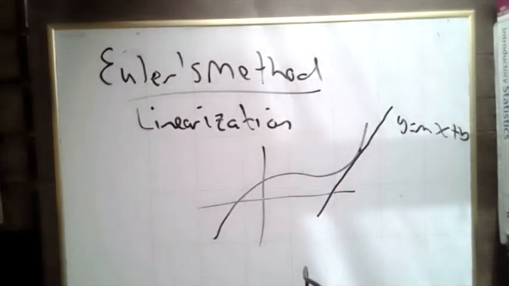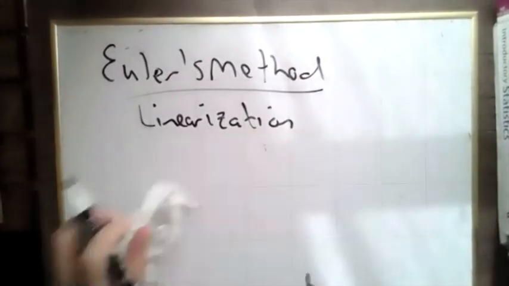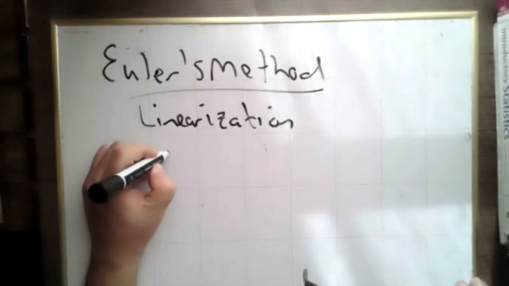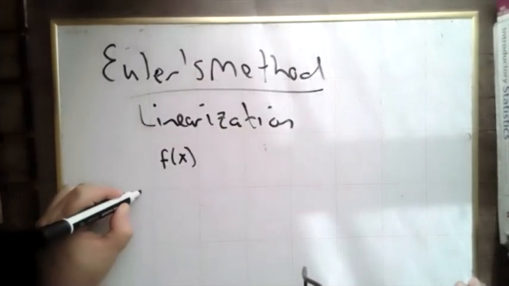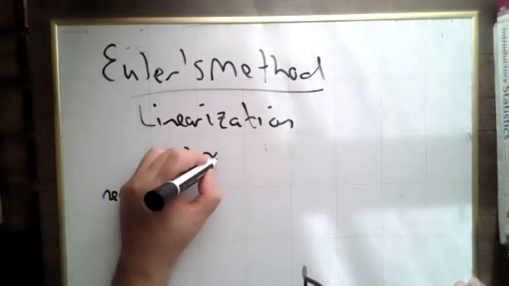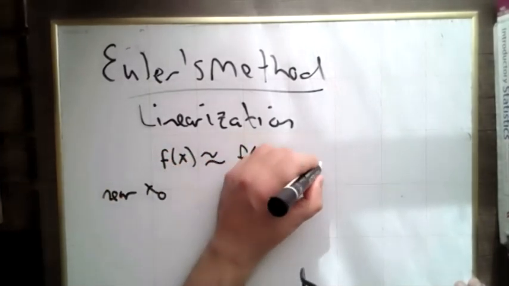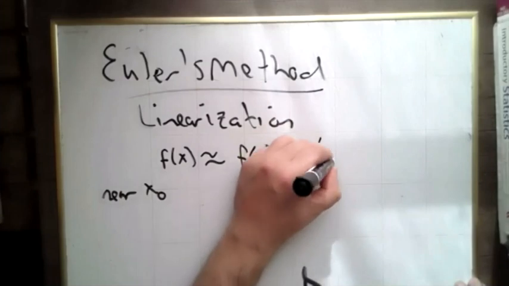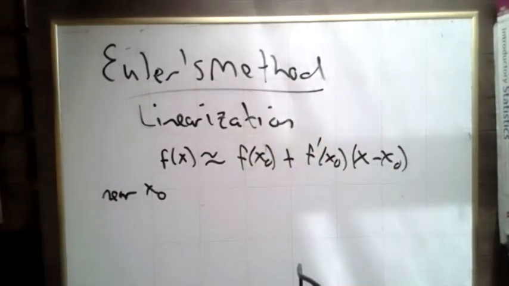The way you did that was by approximating, by saying f of x near some x naught is approximately equal to f at x naught plus the derivative at x naught times some change in x.